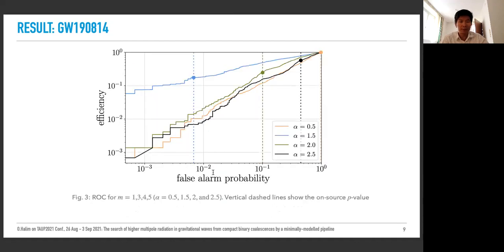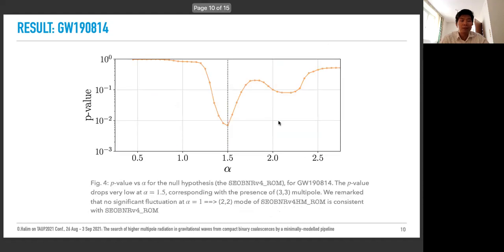And moreover, here is the ROC curve of the analysis for several different alpha values, and we can see that for alpha equal to 1.5, the false alarm probability is somewhat low compared to the other alpha values. And then here is the plot of p-value versus alpha.